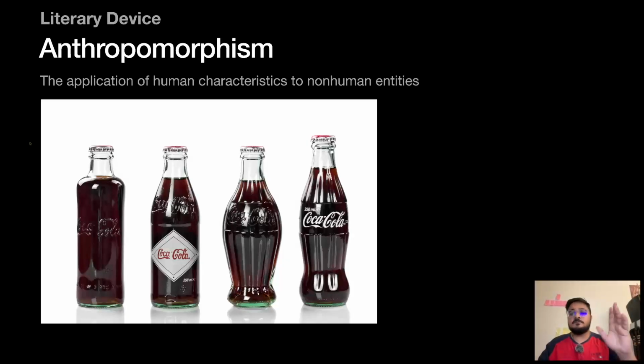This principle is used by Coca-Cola. If you see the third bottle, that was very famous at that time. Not sure what it was called, but I think it came around the 1980s or something, where it has human-like curves, like how the human body is not just flat.